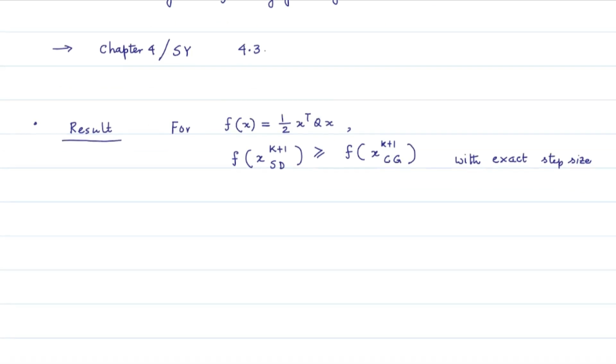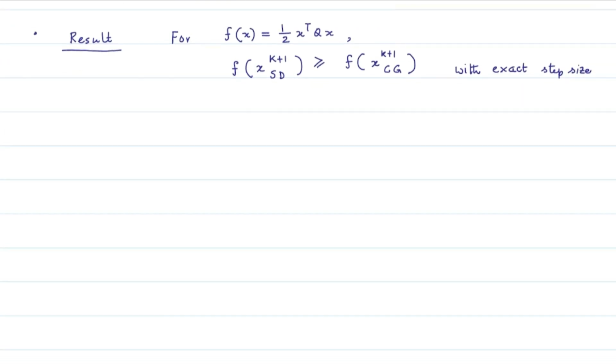We shall end this lecture by proving this fact, and this result will eventually give us a sense that the conjugate gradient method is faster than the steepest descent method.